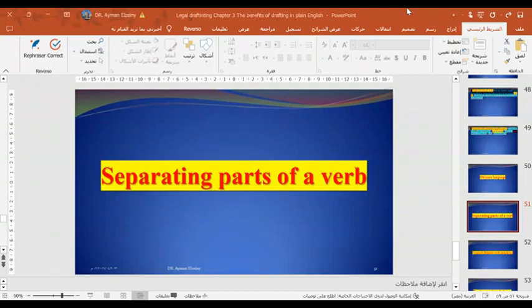We began our discussion about what to avoid when drafting modern legal documents. And we said that there are some more common points we have to avoid.